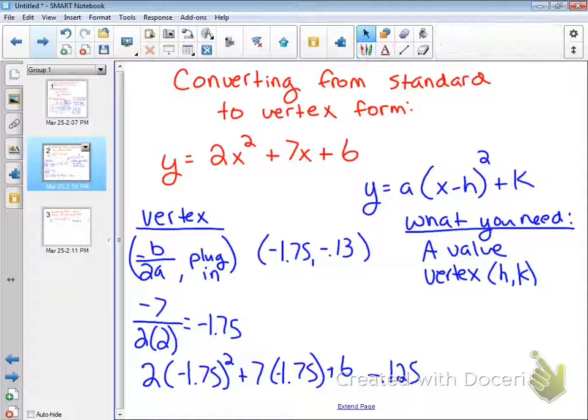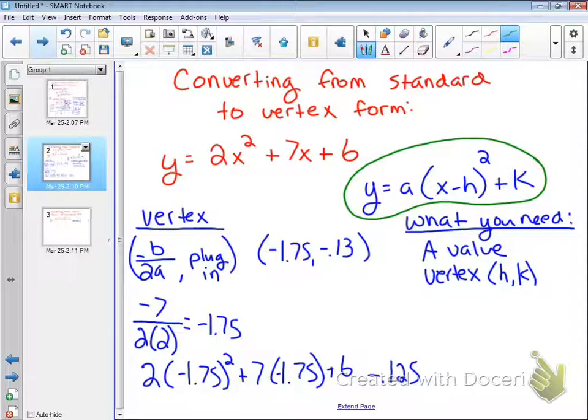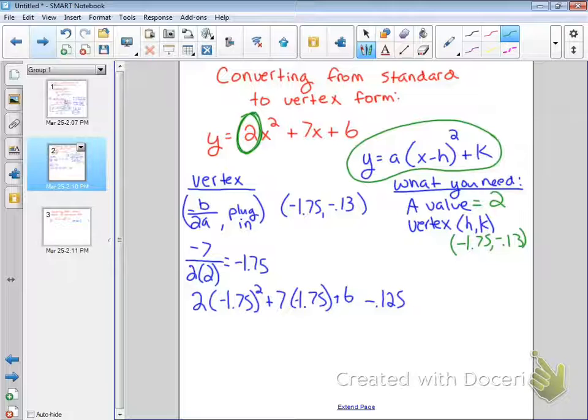So to put it into this form, we now have all of the information we need. We know that the a value is the same a from the standard form. In this case, it's 2. We know that the vertex is negative 1.75, negative 0.13, and we now simply plug in to the equation.